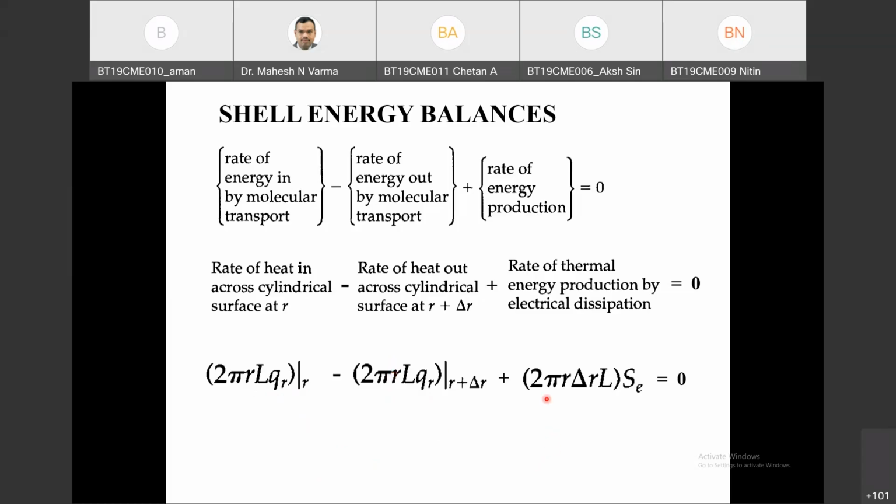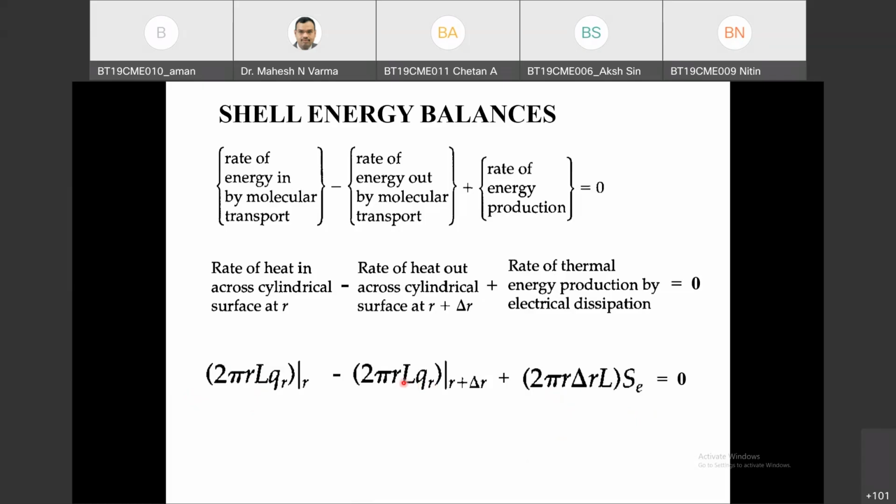So divide the equation by 2 pi delta r into L, multiplied by -1, and use the definition of differentiation. What you need to do is divide the equation by all the constants. 2 is constant, pi is constant, length is constant, and delta r is a differential thickness. So divide this equation by 2 pi delta r into L and multiply by -1.